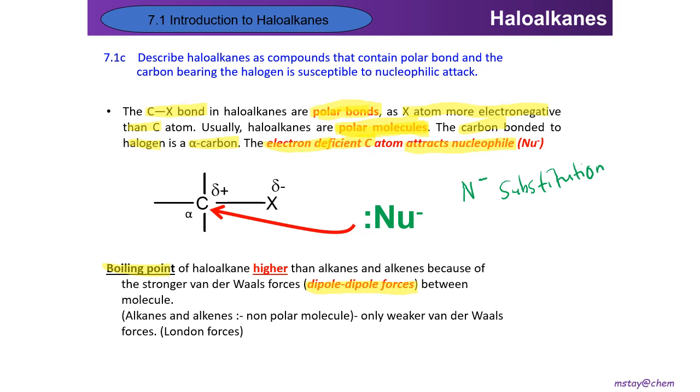So generally, the boiling point of haloalkane will be higher than alkane and alkene, where we know that alkane and alkene only have London forces. Dipole-dipole forces are stronger than London forces. So generally, we can say that haloalkane has a higher boiling point than alkane and alkene.